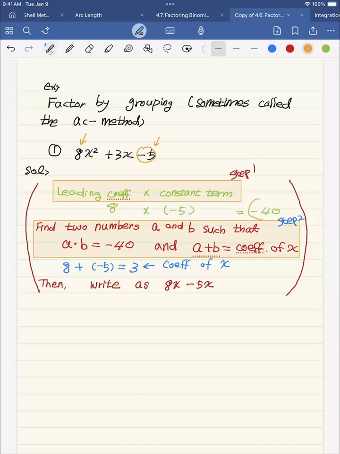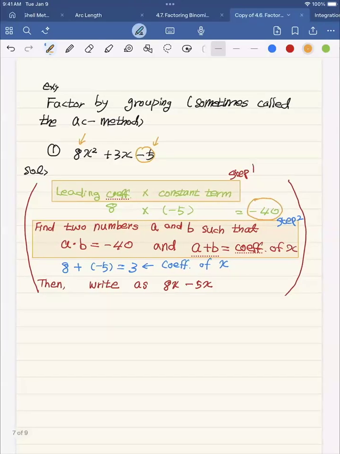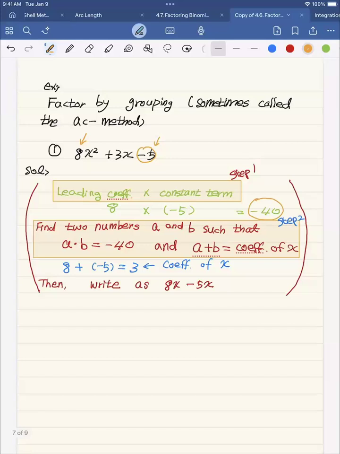Then that'll become negative 40. Then we have to figure out two numbers whose multiplication becomes negative 40 and whose addition becomes the coefficient of x. In this case, it must be 3.